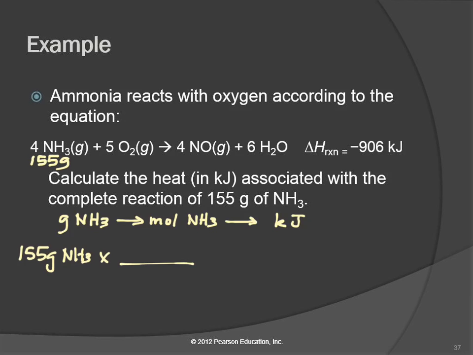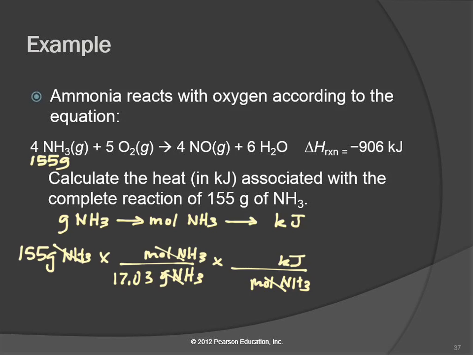and I'm going to convert to moles of ammonia, and then kilojoules. I'm going to stick the units in the bottom so they cancel out. Those cancel. And I want grams of ammonia down here. Any questions? Now, we calculated the molar mass of ammonia in a previous slide, so I'm not going to do that again.